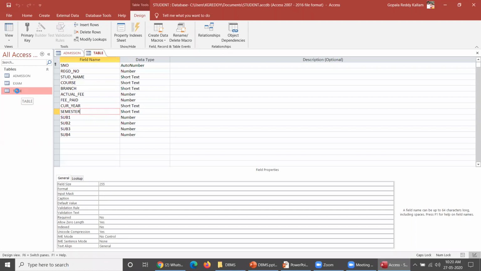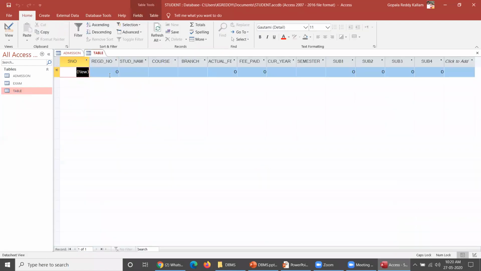While entering data into this table, let me consider the register number is 501. During the time of admission, I have taken this one. Student name, let me say Hari, course is BTech, branch is CSC, actual fee 35,000. For example, right now he has paid only 10,000 rupees, current year first year, and the first semester.